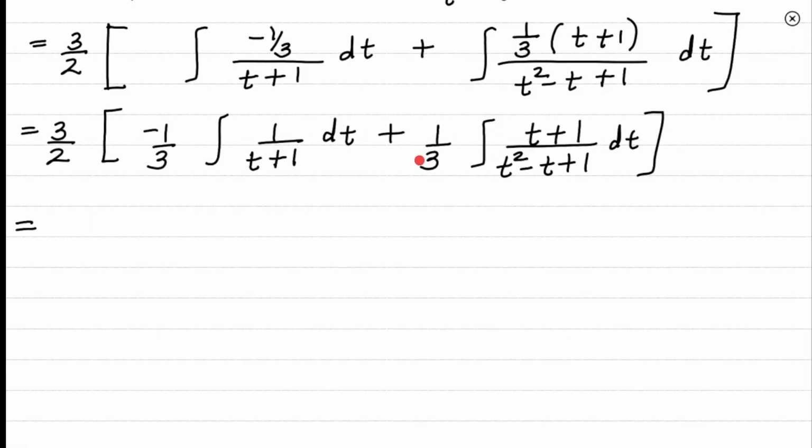First of all, let's factor out this 1 by 3 from both of those integrals. So you have 3 by 2 times 1 by 3.